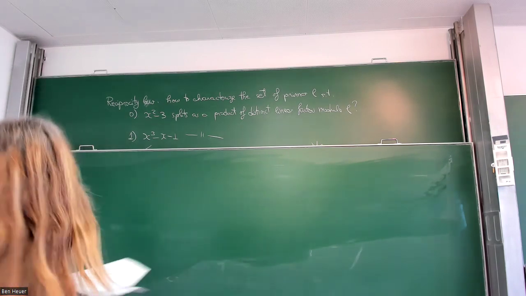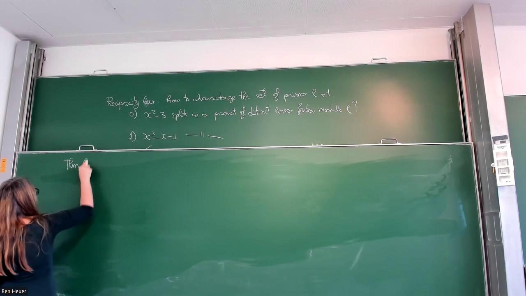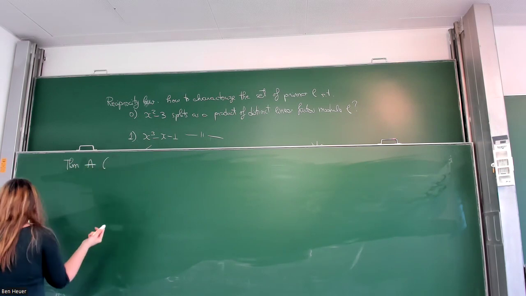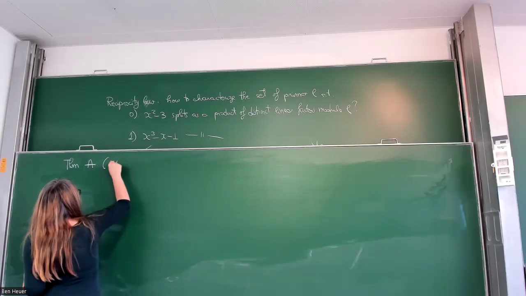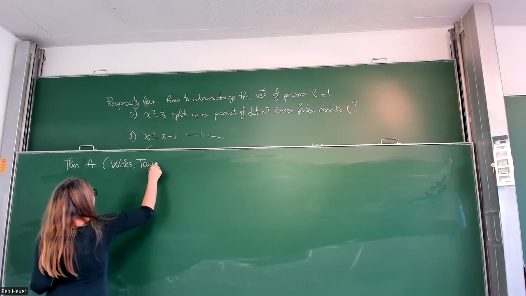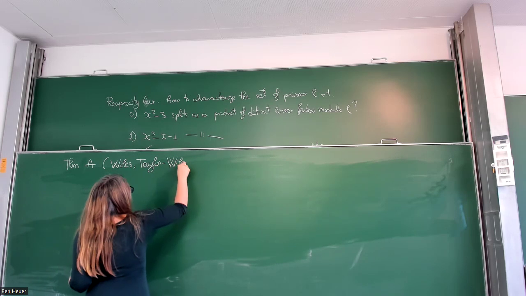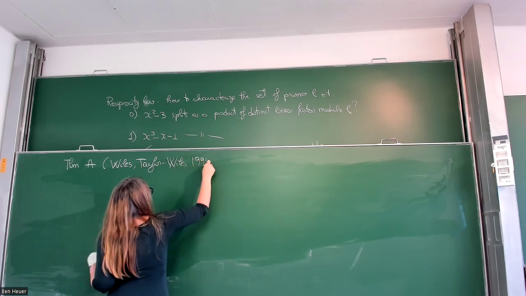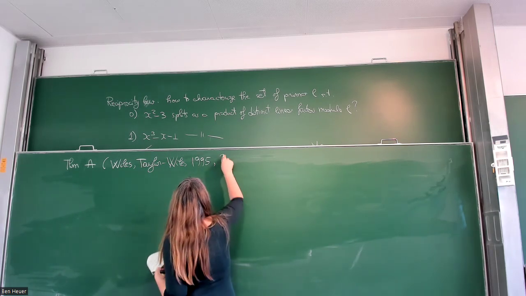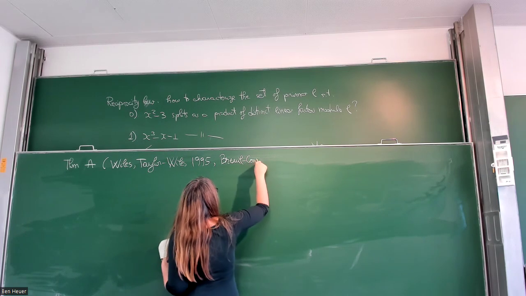All right, so this is going to be my Theorem A. And as I said, this is due to Wiles and Taylor-Wiles from 1995 for semi-stable elliptic curves, and then completed for all rational elliptic curves by Breuil, Conrad, Diamond, and Taylor in 2001.